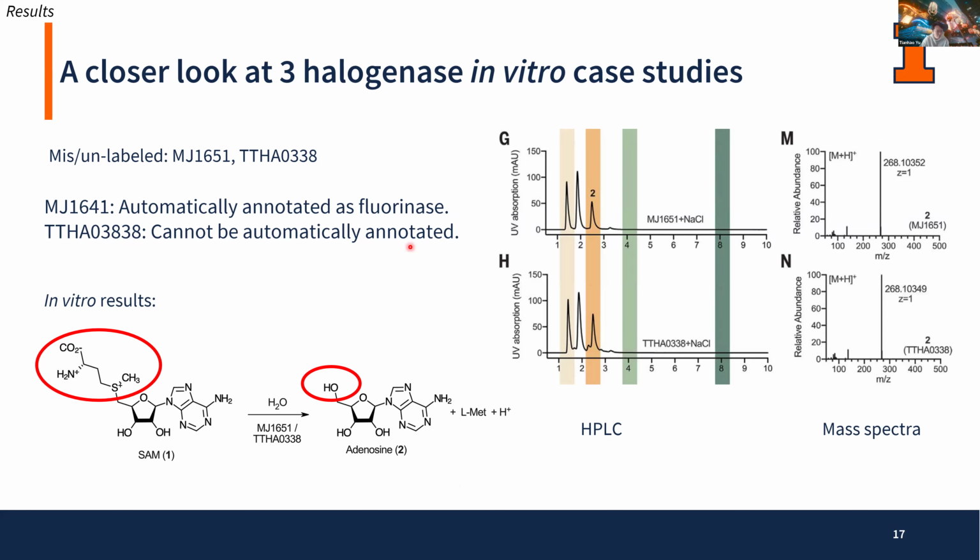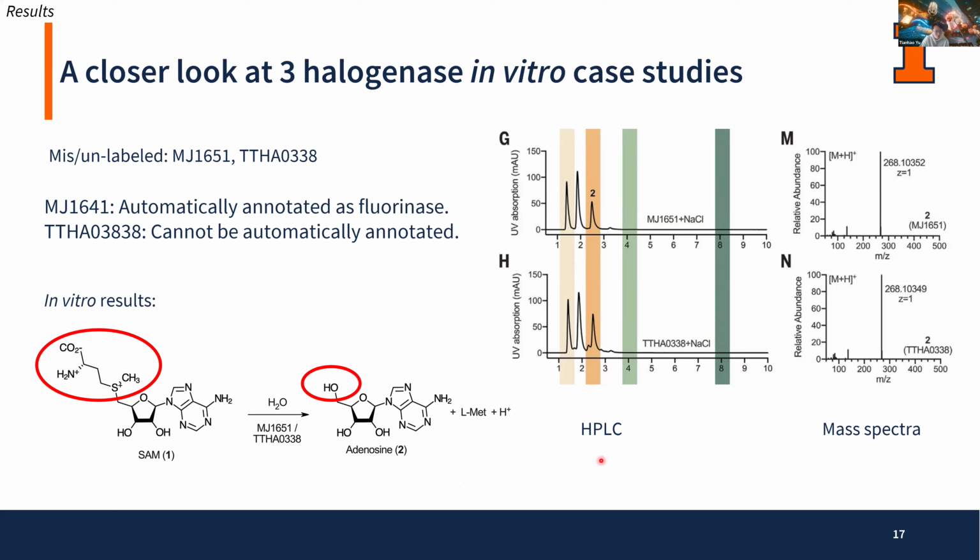If they are indeed fluorinase or other halogenase, they will be able to replace this functional group with a halogen. But our experiment result shows that it cannot perform as a halogenase. It's actually a hydrolase, so with a different EC number.